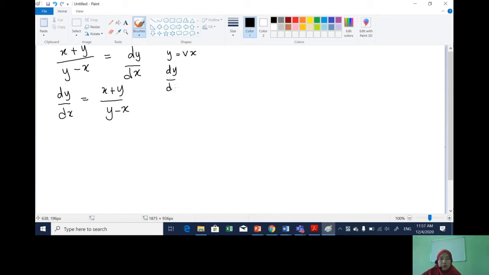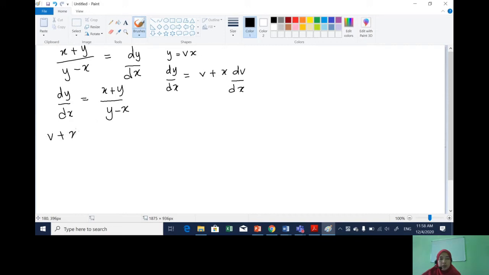y must be transformed to vx, then dy dx changes to v plus x dv over dx. So for the transformation, this one must be changed using v plus x dv over dx.